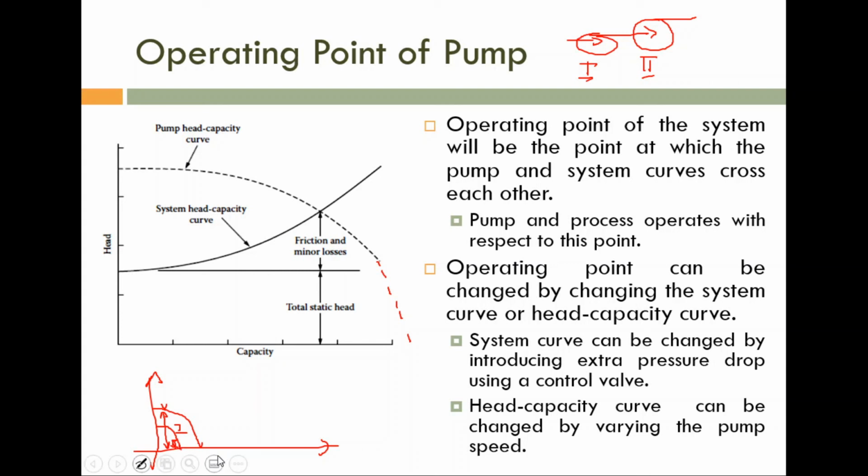Is it okay? So if you are operating these two pumps separately, here you can see that only the first pump has an effect up to this point. From this point you can see that the second pump also has an effect. So from this point the curve is shifted upward.